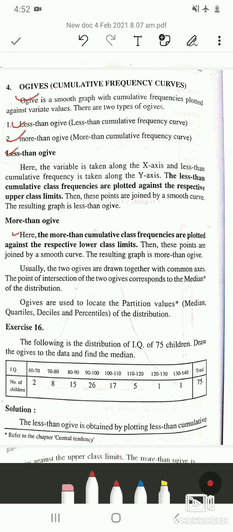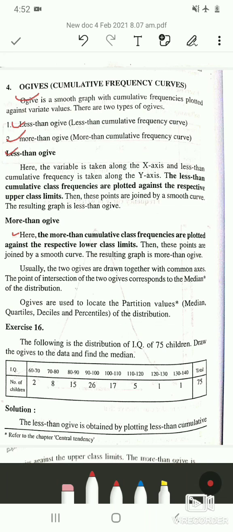For more than ogives, more than cumulative frequencies are plotted against the respective lower class limits, and these points are joined by a smooth curve. The resulting graph is the more than ogive. Usually the two ogives are drawn together on common axes.